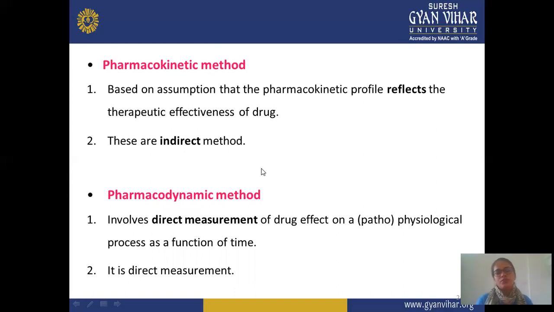Pharmacokinetics is an indirect method, and pharmacodynamics is the direct measurement. In pharmacokinetics, you check the effectiveness of the therapeutic effect of the drug in an indirect way. But in the pharmacodynamic parameter, you check the pathophysiological condition of that person or the function of that particular pathophysiological disease. It is a direct method. You check the result or get the result directly.